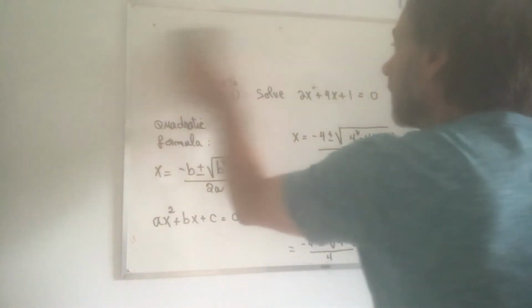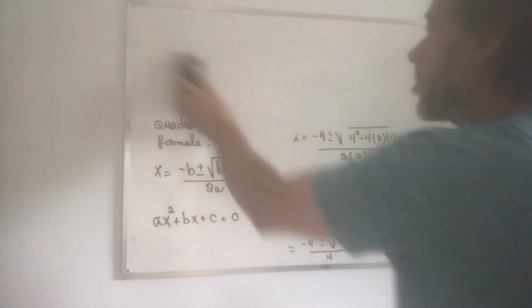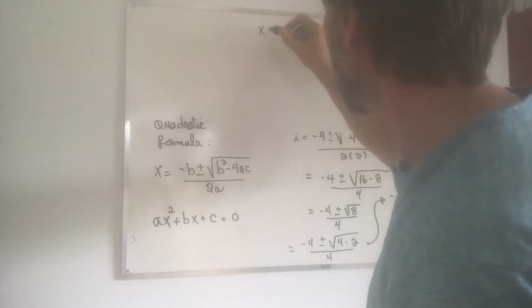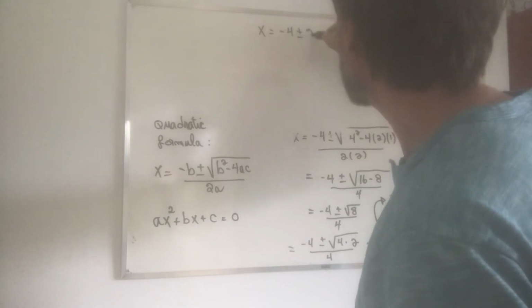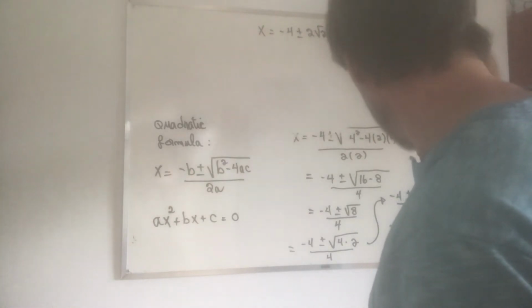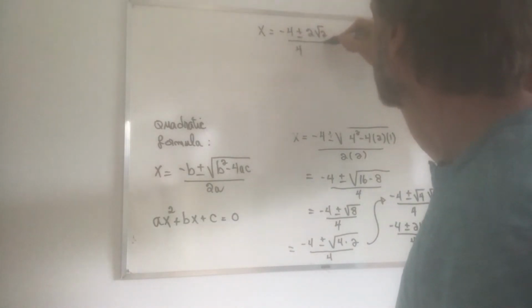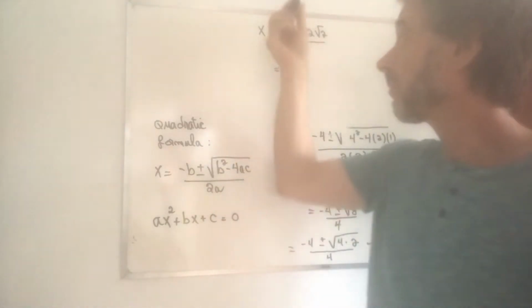I'll do it over here, because I have no more room on this very small whiteboard. Minus 4 plus or minus 2 root 2 over 4. I can't cancel the 4 and the minus 4.